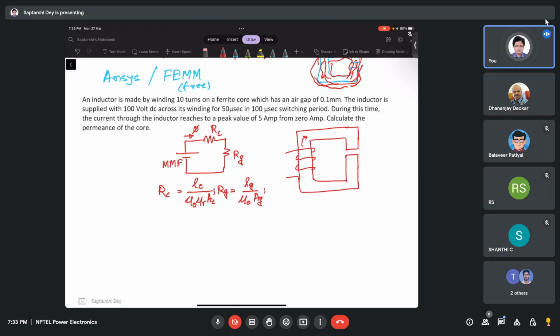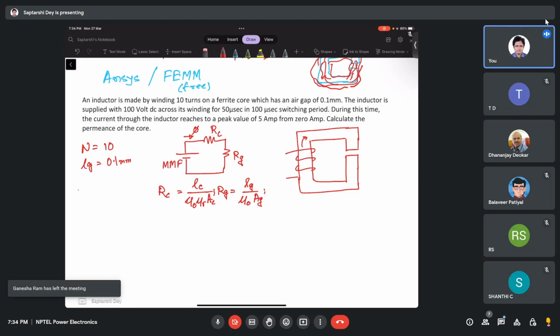Okay, we'll look at the question. For the inductor, they have said N equals 10. The air gap is given, and 100 volt DC is supplied for 50 microseconds. So basically we have to find something from here.